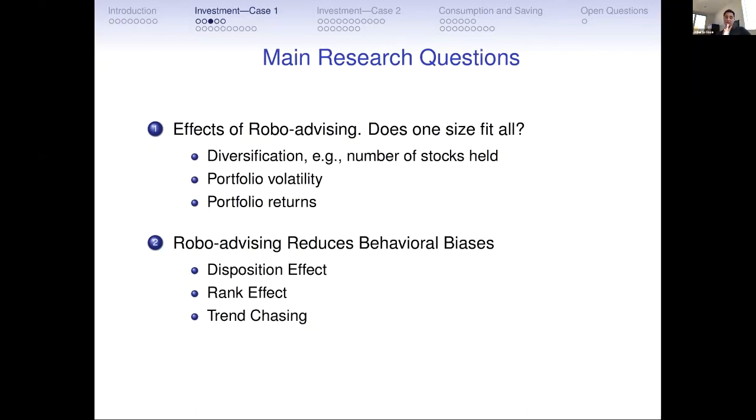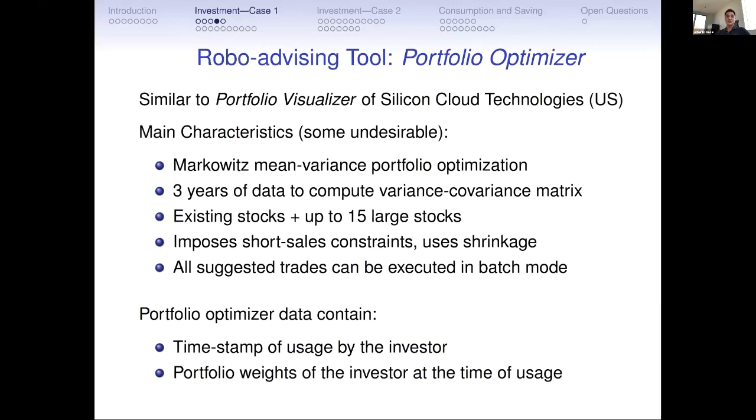We study the effect on diversification, portfolio volatility, and portfolio returns. We also study how much using robo-advisors changes individuals' behavioral biases: the disposition effect, the rank effect, and trend chasing.